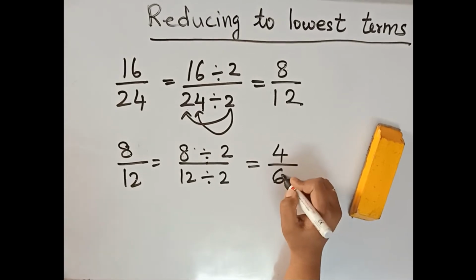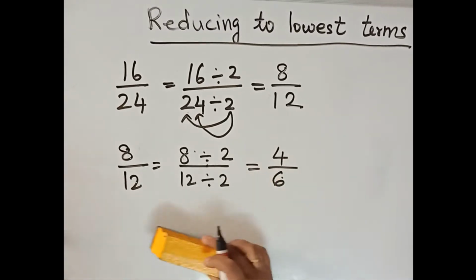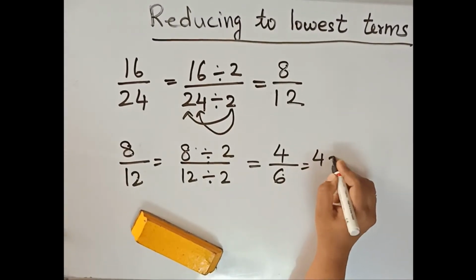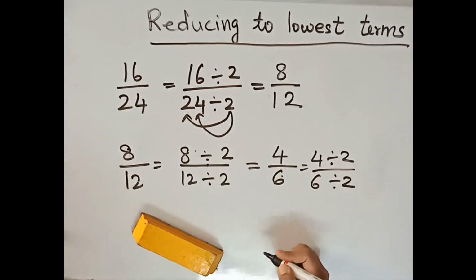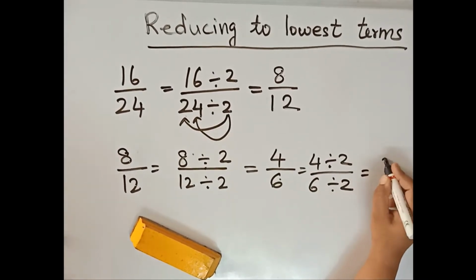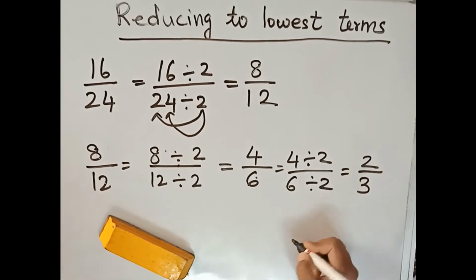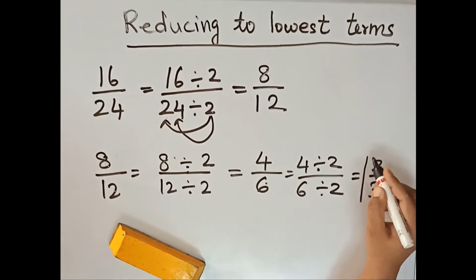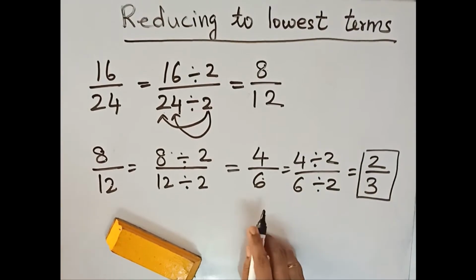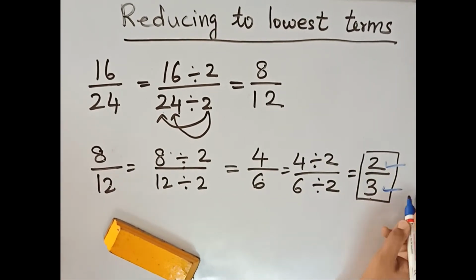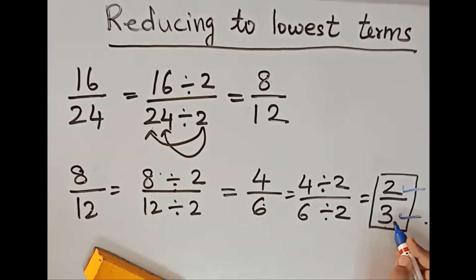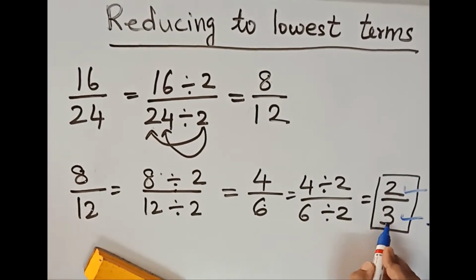Now 4 and 6, again it is divisible, so 4 divide by 2 and 6 divide by 2. So 2 2s are 4, 2 3s are 6. Now 2 by 3 we got the answer. We are not able to divide further. So this is our lowest term.